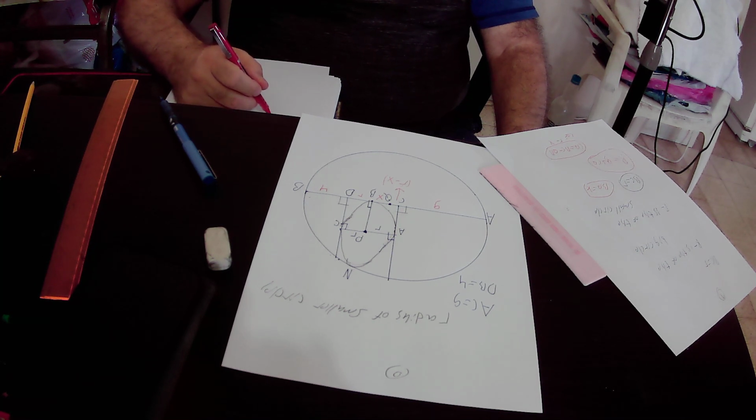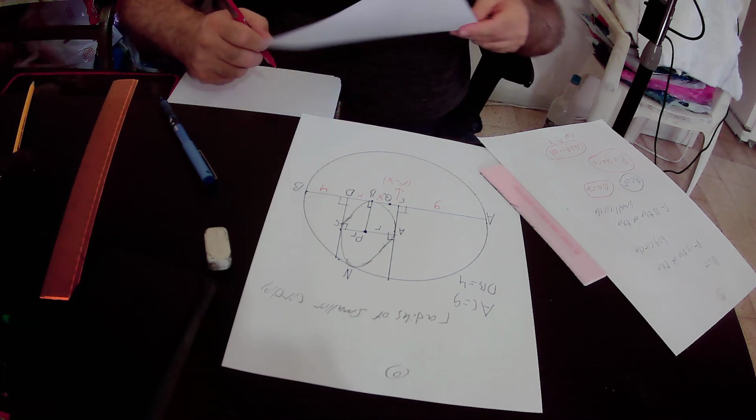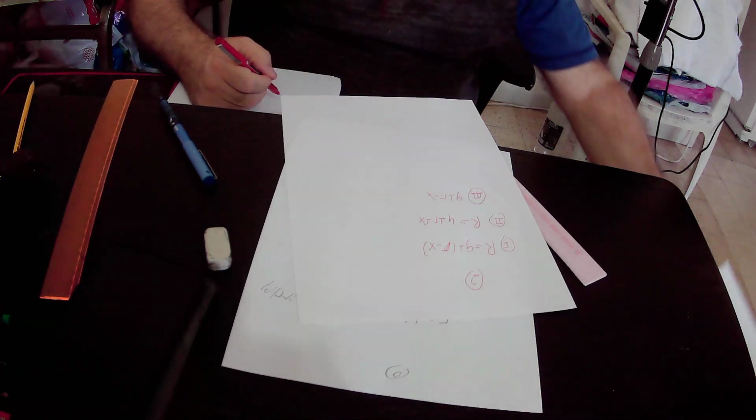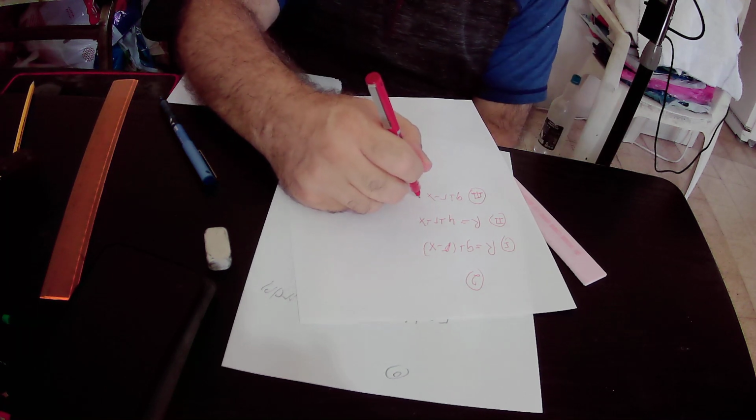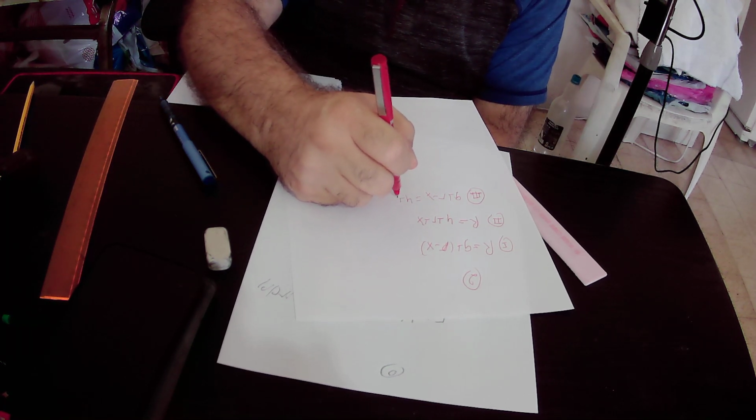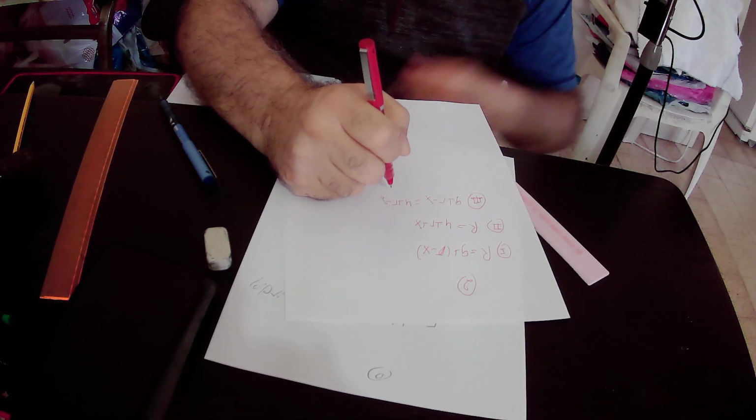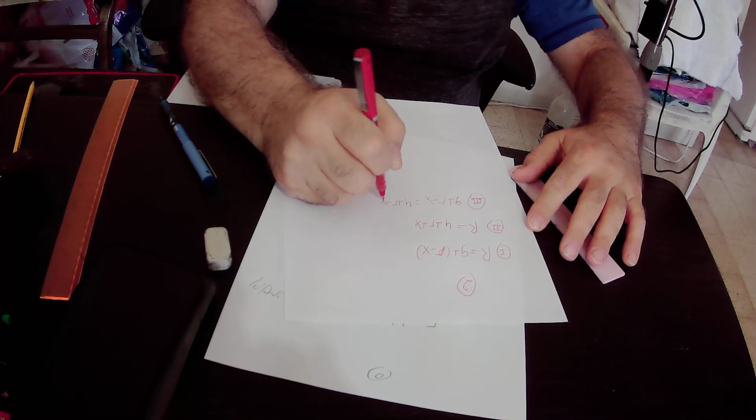and we will get that 9 plus R minus x equals 4 plus R minus x.